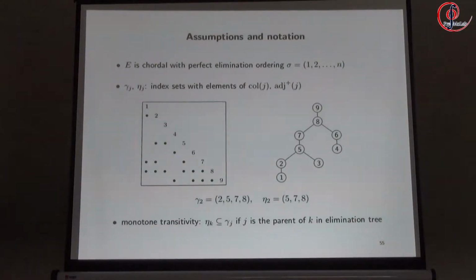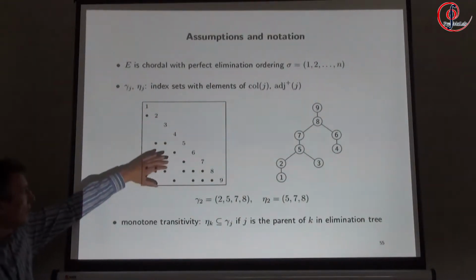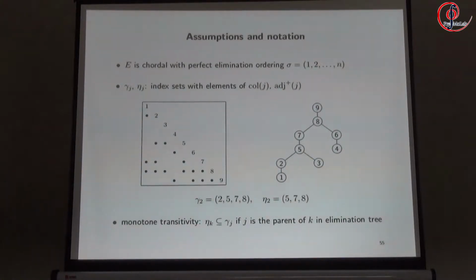And then if you represent the sparsity pattern or the graph by an array like this, you can think of this as the sparsity pattern of half of the symmetric matrix. So you will have a non-zero in the position of the dots, and the rest will all be zero. Then we used yesterday these notations for the graph, the monotone adjacency set of a vertex and the closed monotone adjacency set. Here they just refer to the columns, non-zeros in each column.